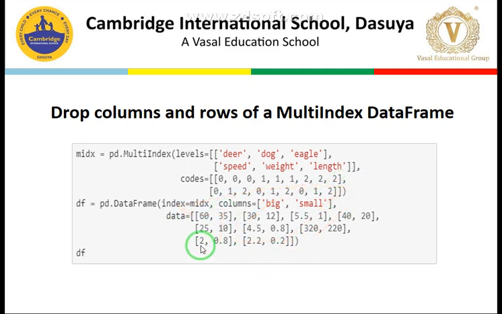Next is the maximum weight of eagle, minimum weight of eagle, and last is the maximum length of an eagle and minimum length of an eagle. So this is how we have to understand all these values, and how these values need to be understood.